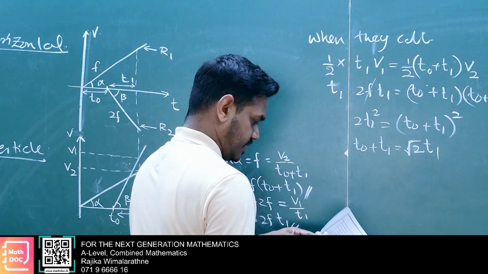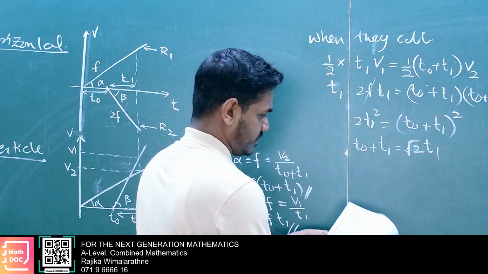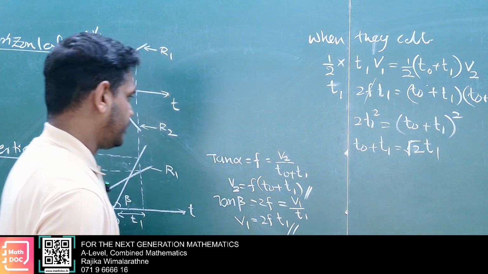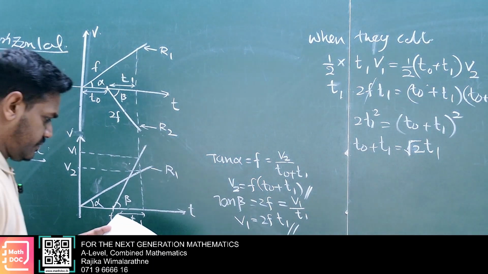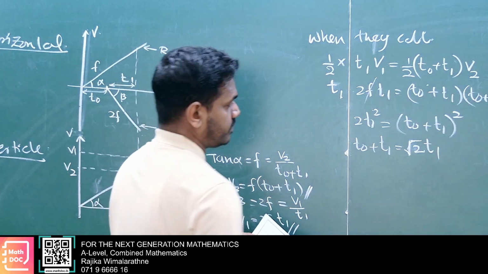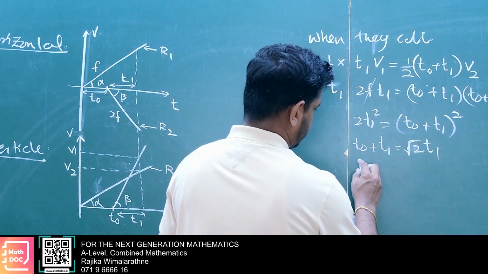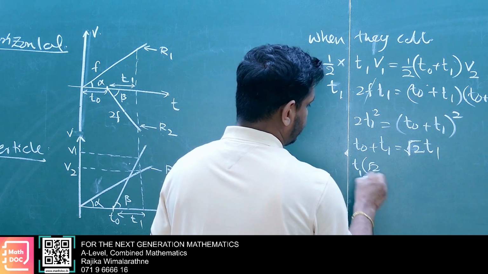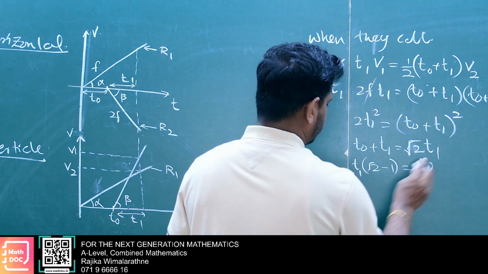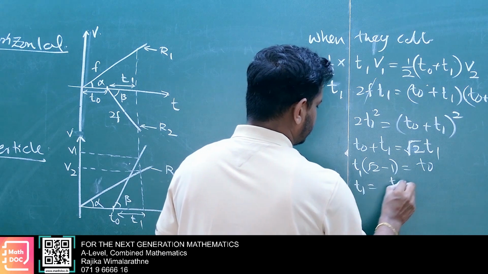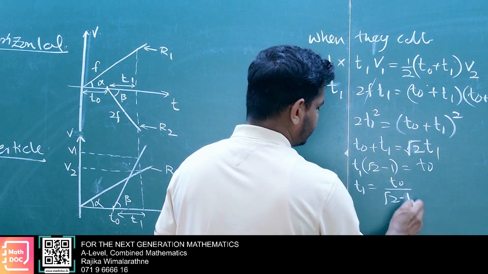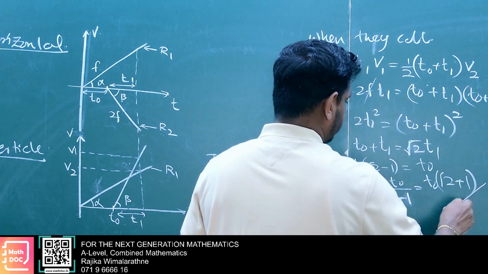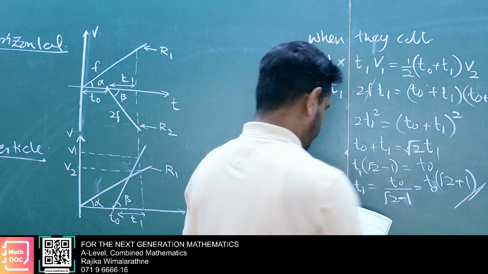Then we have to make T1 the subject: take T1 common, root 2 minus 1, so T1 equals T0 over root 2 minus 1. Multiply by the conjugate, root 2 plus 1.